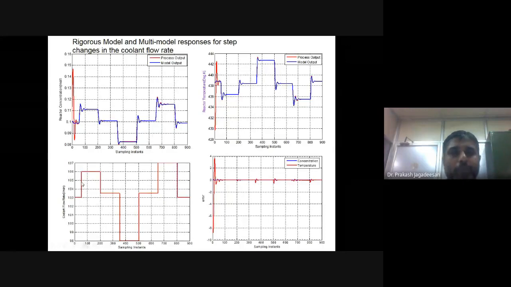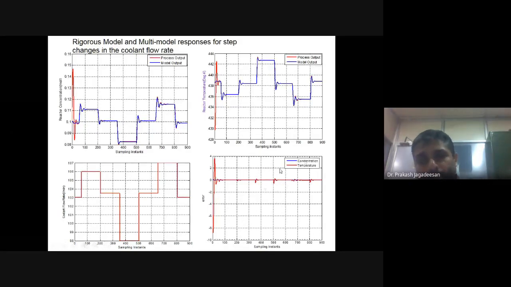For input variations, what I mean is the coolant flow rate. Input is the coolant flow rate. We have changed this coolant flow rate. Corresponding to these changes, concentration and temperature are changing. So the same input is given to the model as well as to the system, and we have compared the process output and model output. And on the right side of the bottommost figure, the error is shown.